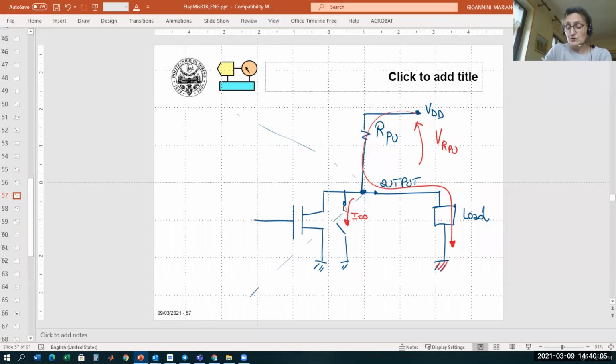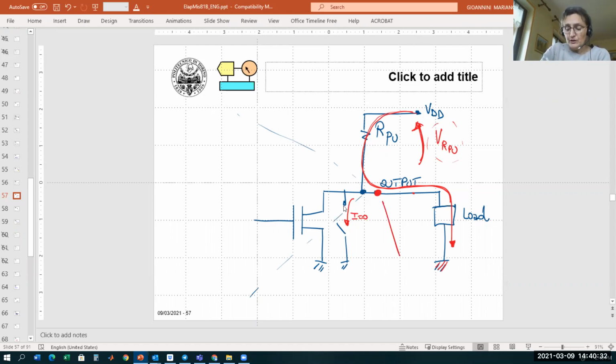So the point that your colleague is making is: okay, but if I have this current, I will have a significant voltage drop on the pull-up resistor, and as a consequence this voltage here will be reduced by this voltage drop, and maybe the compatibility is not guaranteed.